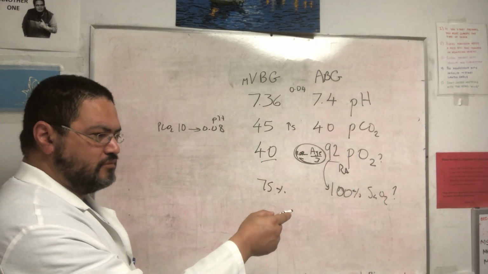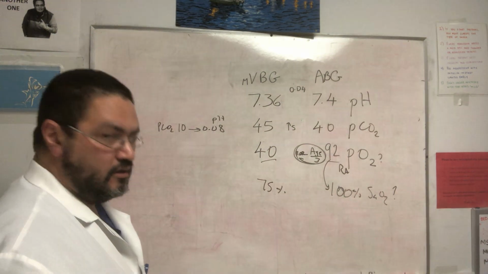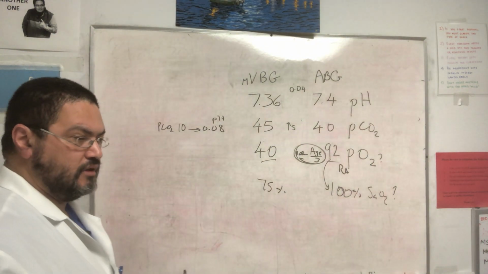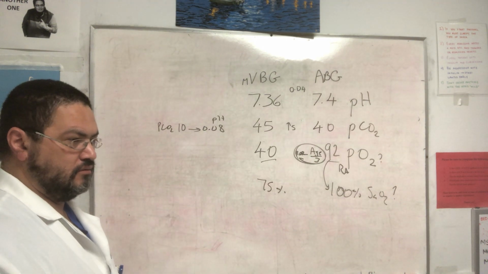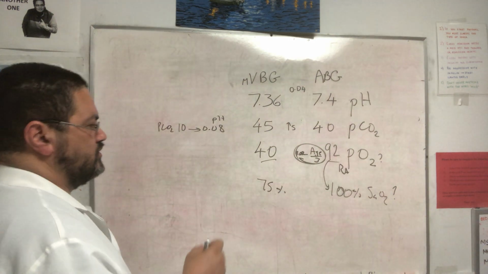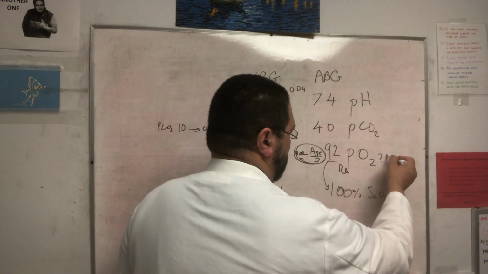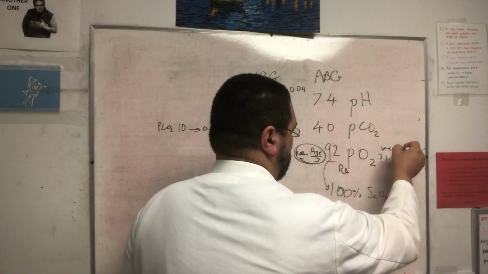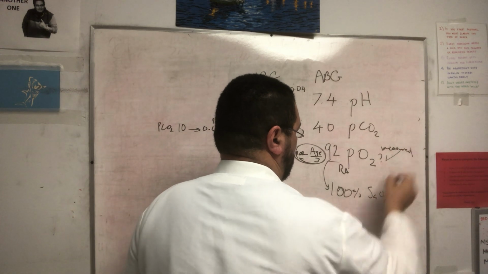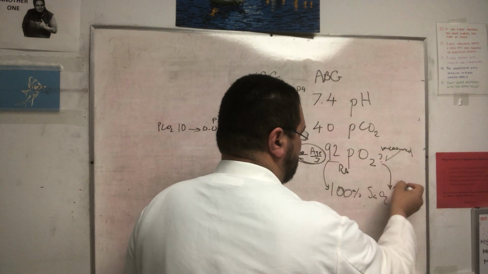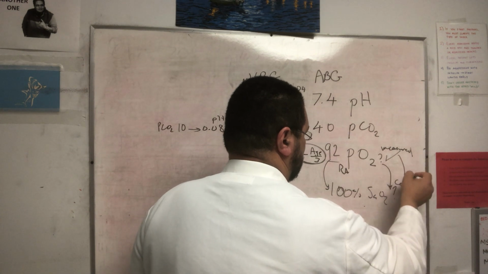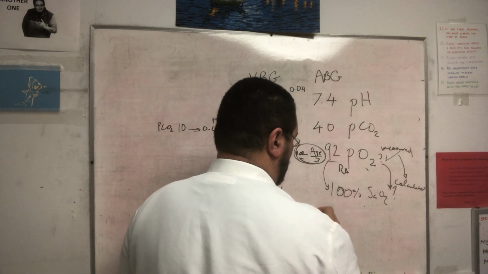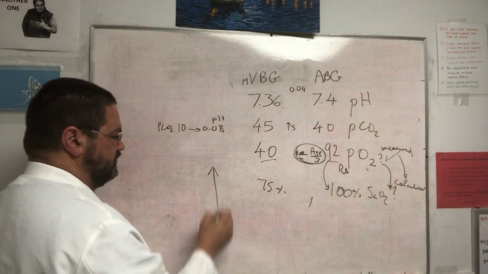It's the saturation that comes from the pulse oximeter, right? Why? Because we have the PO2 here, which is a measured value. The saturation is calculated based on the PO2 in an idealized curve.